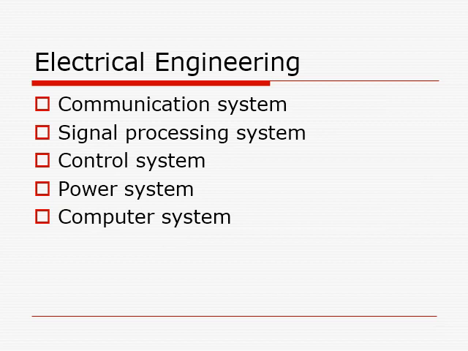Okay, so starting, let's talk about electrical engineering systems. Engineering systems in electrical include pretty much 5 different areas: communication, signal processing, control, power, and computer systems.